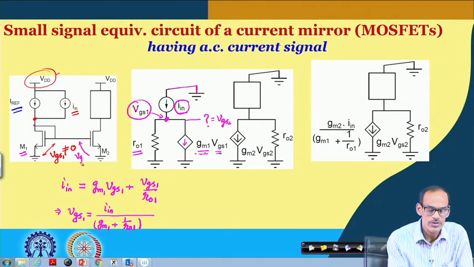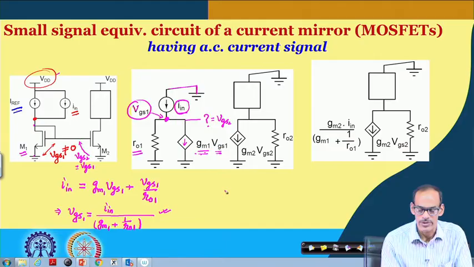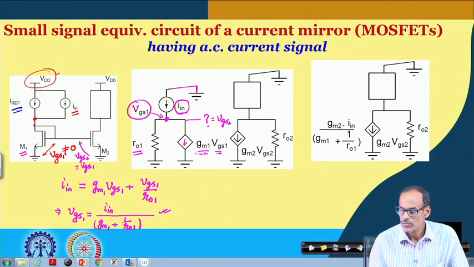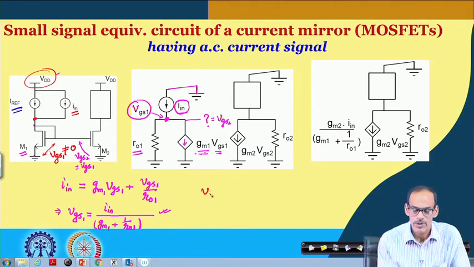So, VGS 2, which is also equal to VGS 1, equals I in divided by GM 1 plus 1 by RO 1.